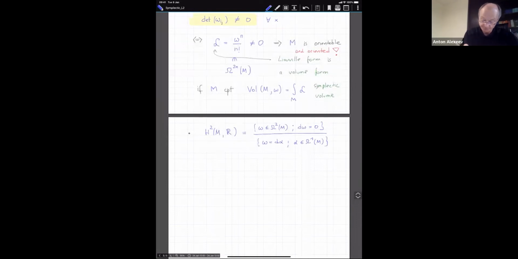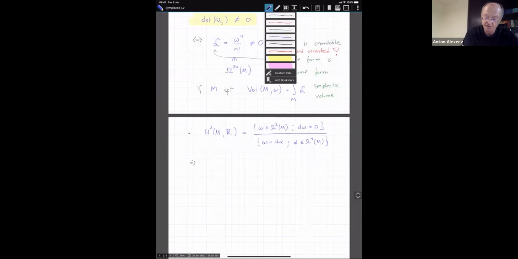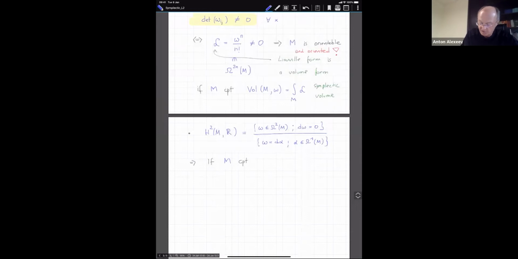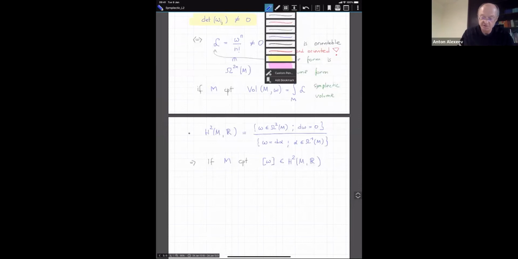Now the fact is, as a consequence of the definition, that if M is compact, then the class of omega, which is a closed two-form, defines some class in the real de Rham cohomology, and this class is necessarily non-zero.